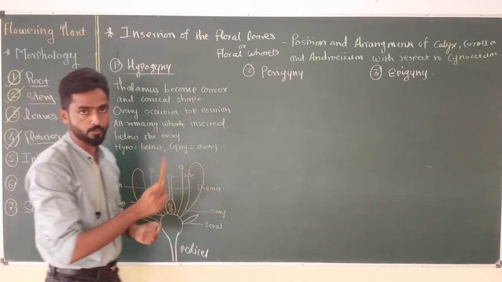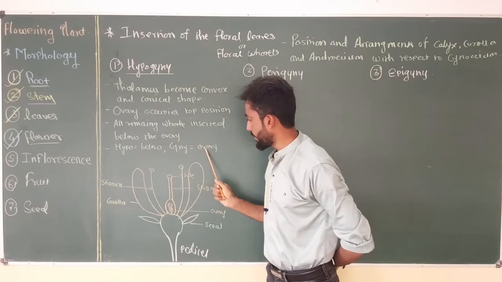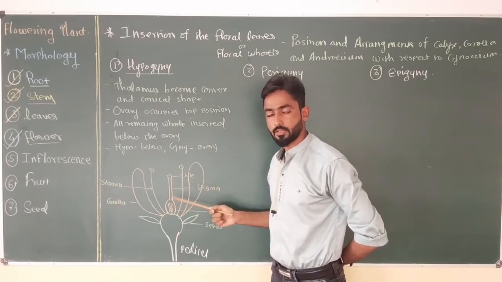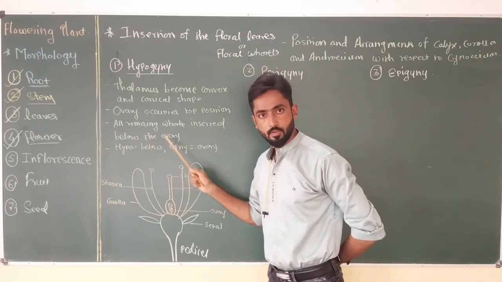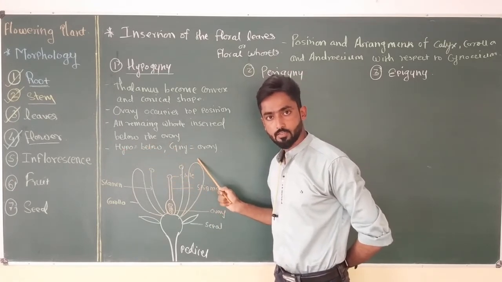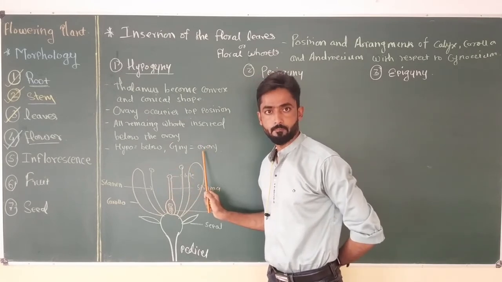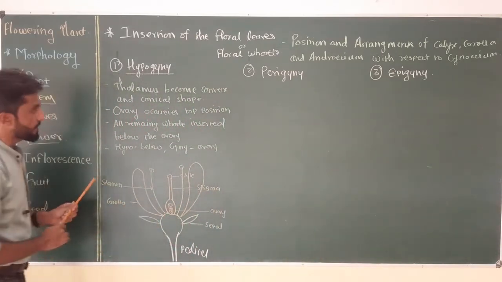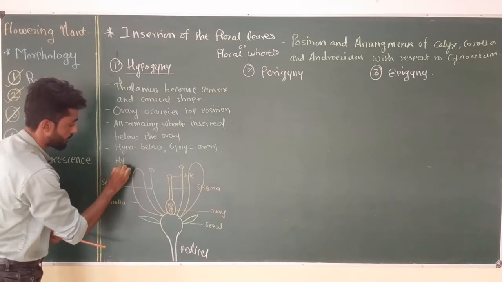Sometimes students get confused and think that hypogyny means below ovary, means ovary is below and all other structures are present above the ovary, but it is not the correct thing. Hypo means below and gyne means ovary. In that case, all other structures will be present below the ovary. Okay, then the flowers which show such type of insertion of the floral leaves are called hypogynous flowers.